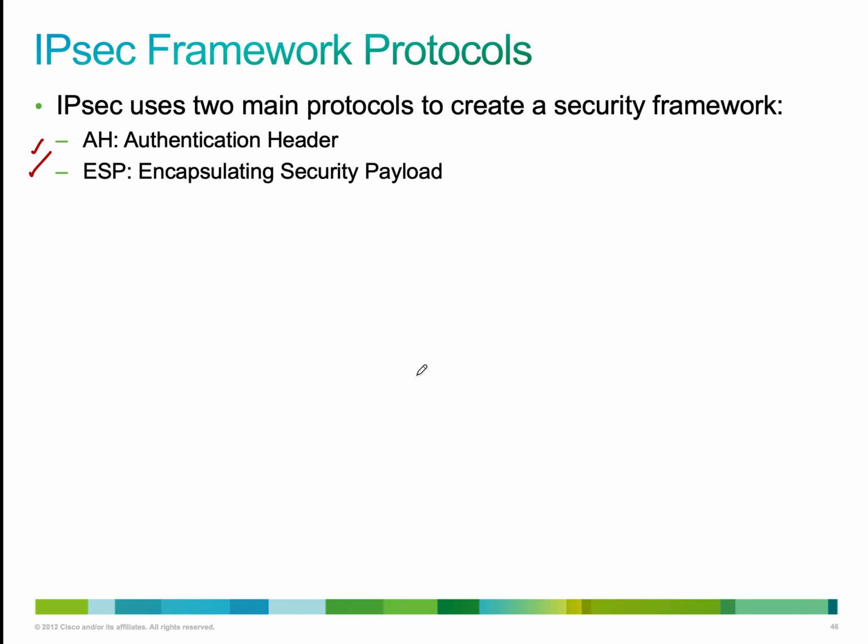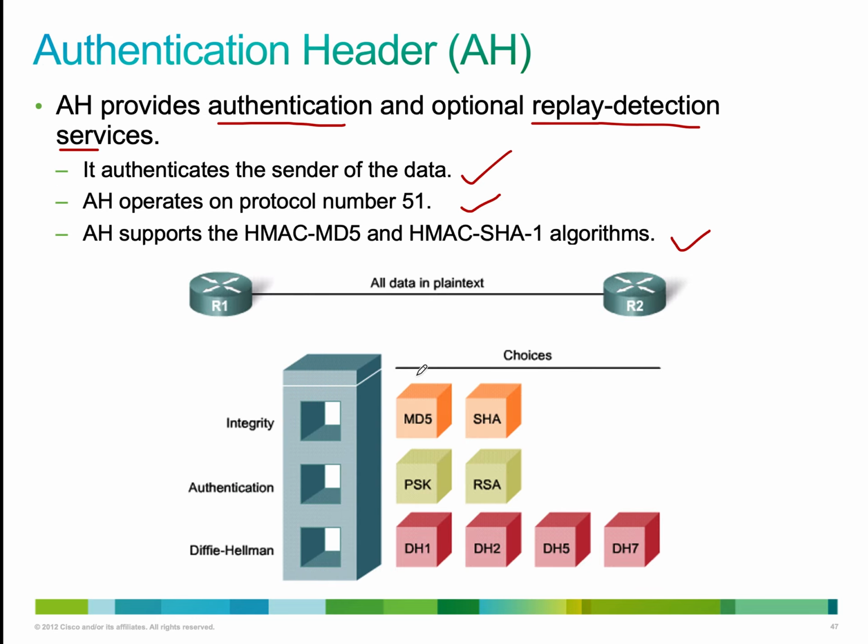Okay, IPsec framework protocols. IPsec uses two main protocols to create the security framework, the AH and the ESP. One is the AH, the authentication header, and the other is the encapsulating security payload. Okay, so authentication header, AH, as the name sounds, provides authentication and an optional replay detection service.